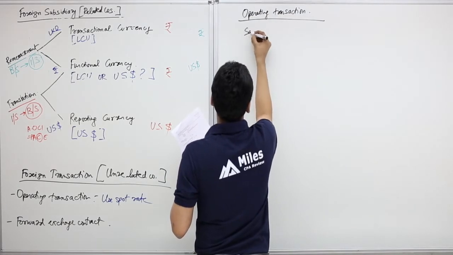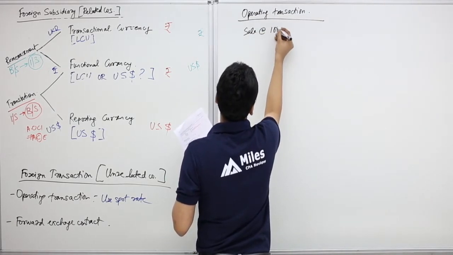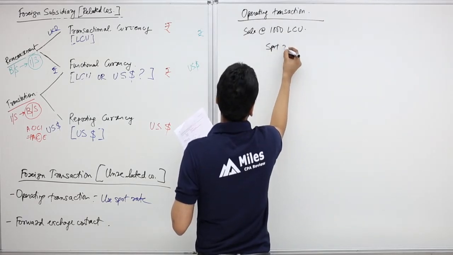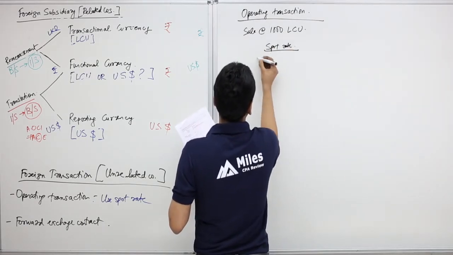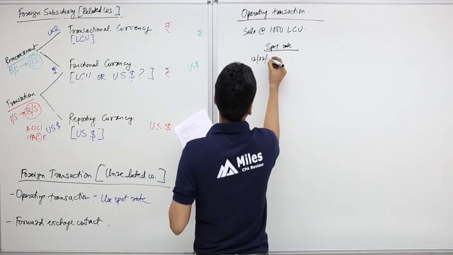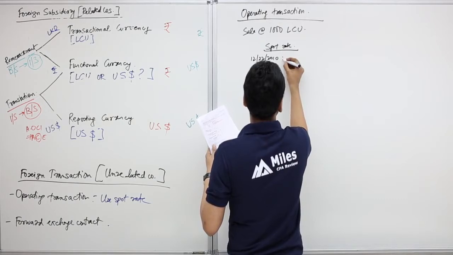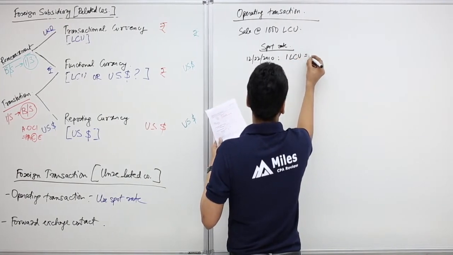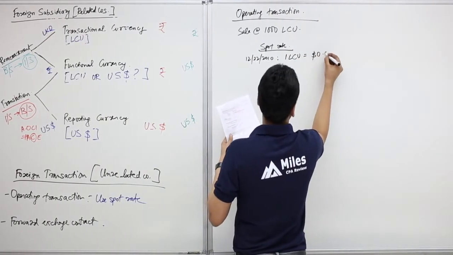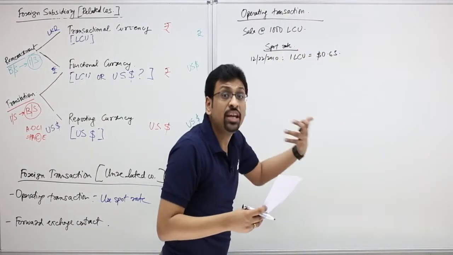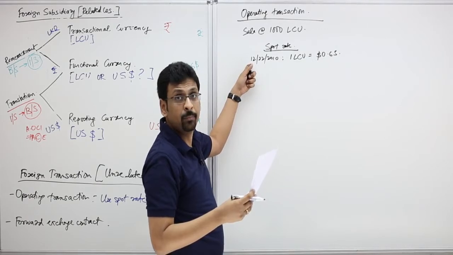Now this is a sale transaction at 1000 local currency units and you got the spot rates on 22nd December 2010. The spot rate was 1 LCU equals 65 cents. So 1000 LCU, that's $650 of sale on this date.